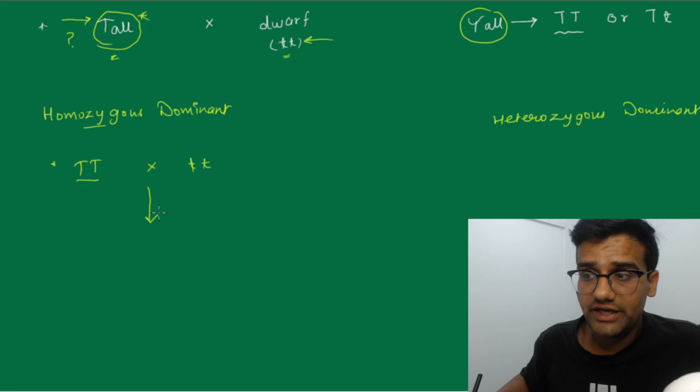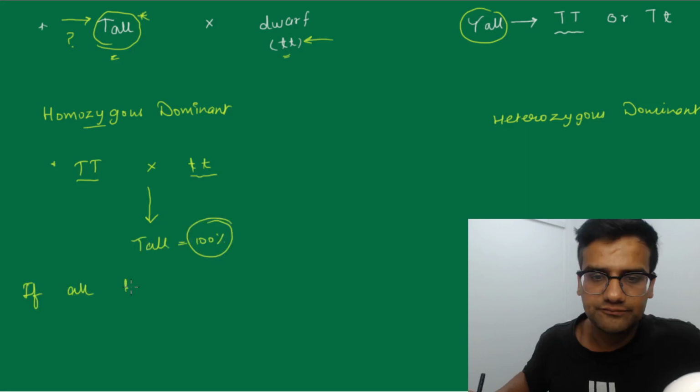Not a single plant would have the genotype small t or the dwarf phenotype. So if all the plants are dominant, then it is said to be homozygous dominant.